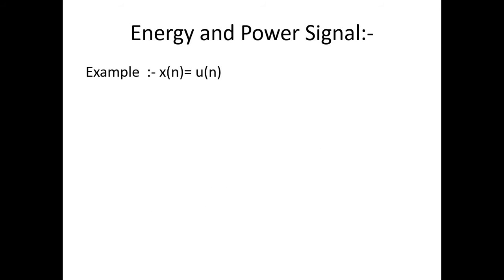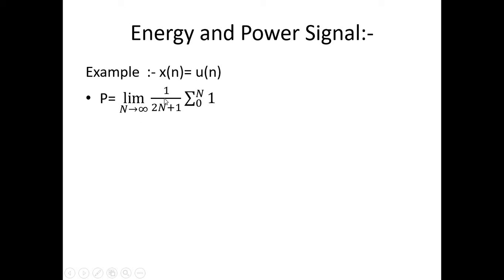Here x[n] is equal to u[n], and we have to say whether it is an energy signal or a power signal. We take the modulus of this, square it, and finally calculate the energy value and power value, and based on that we can conclude whether it is an energy or power signal. If we calculate the power value, what is the equation?